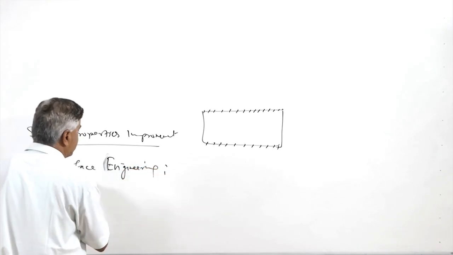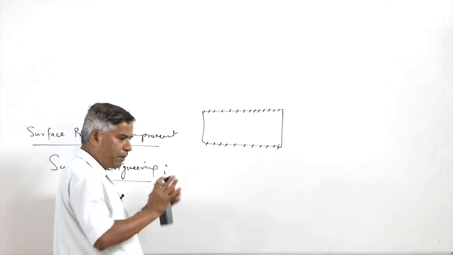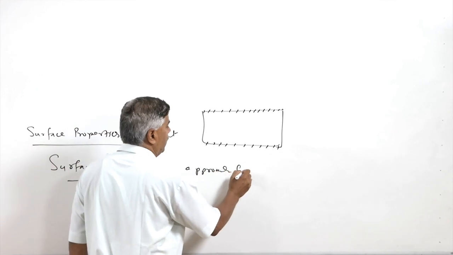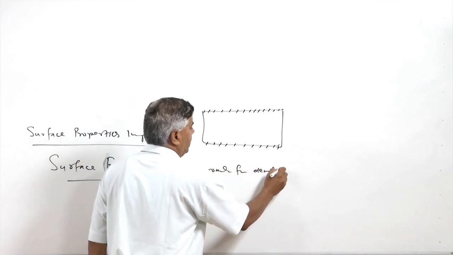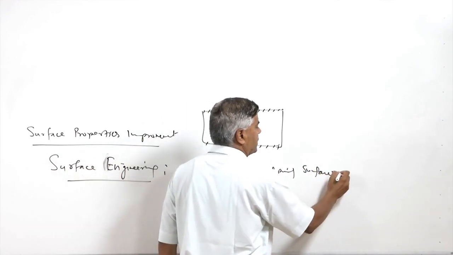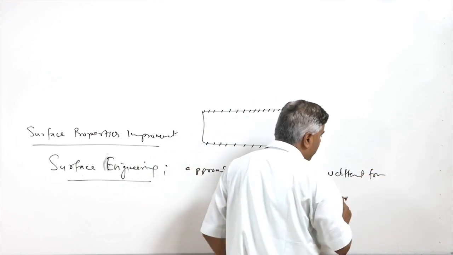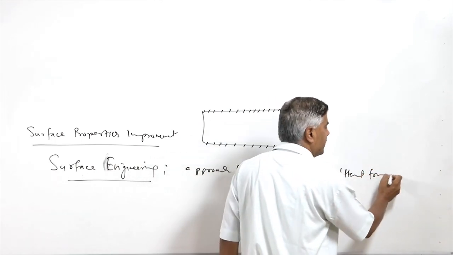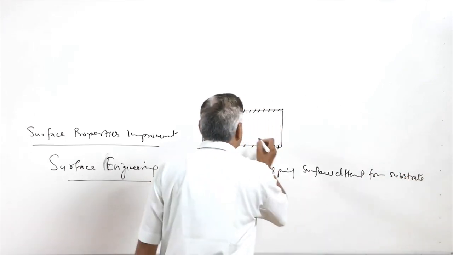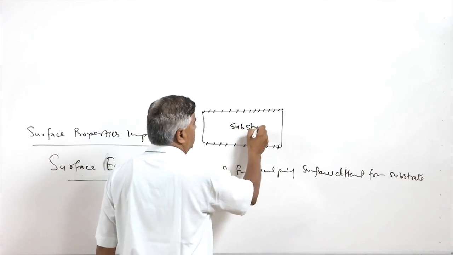If you have to understand it, surface engineering is a broader area wherein the approach is to develop surfaces which have characteristics different from the substrate or the base material. The base material is also termed the substrate in surface engineering.